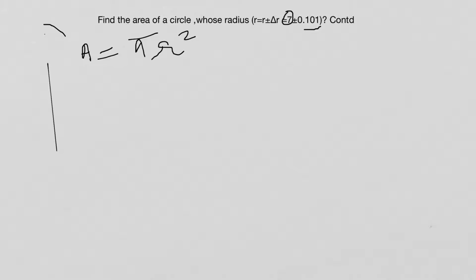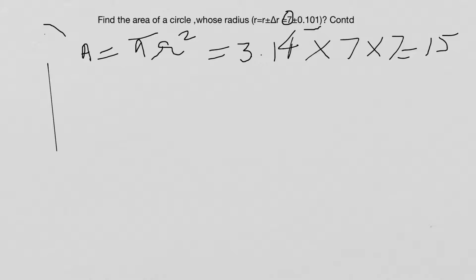So pi means 3.14 into radius, which is given as 7 into 7. So r square means 7 into 7. So this value will come around 153.9. We will take 3 significant figures, so it will become 154. So this is the area we got.